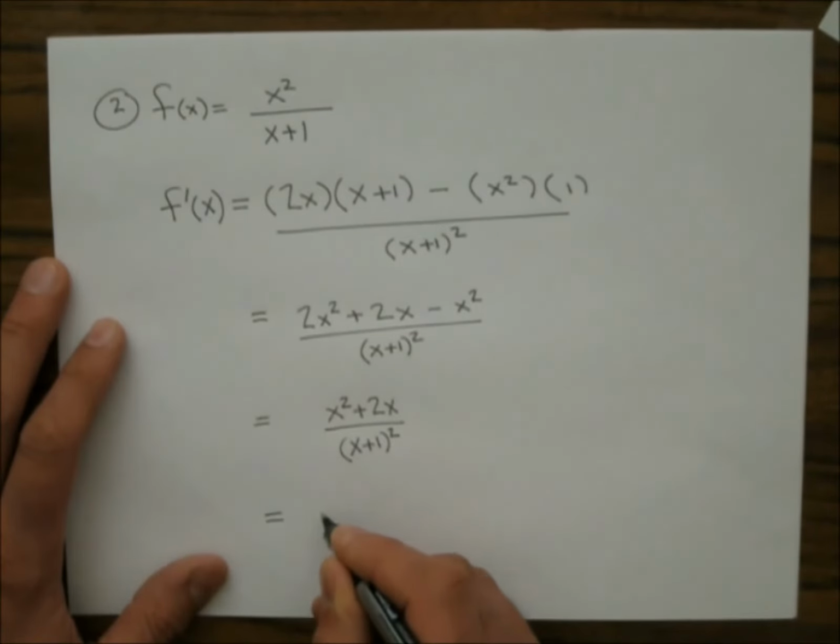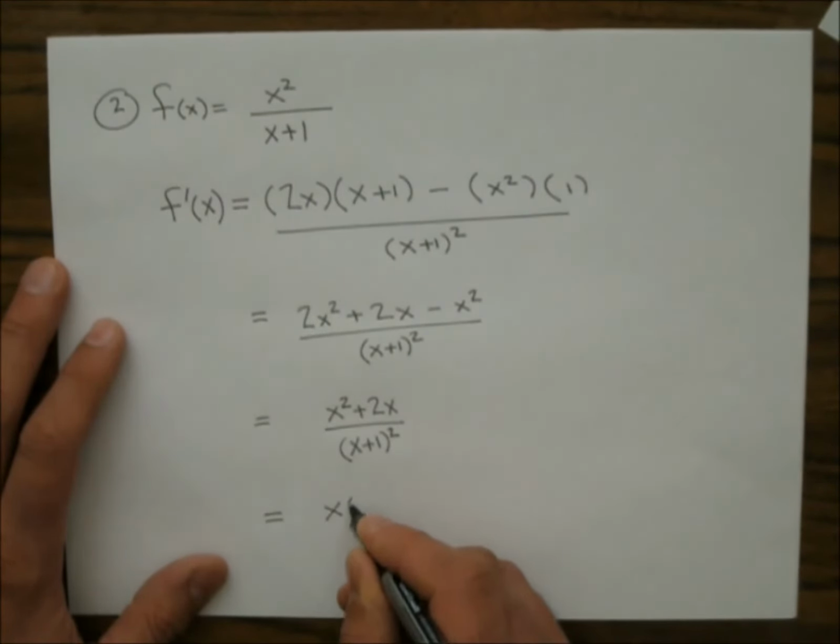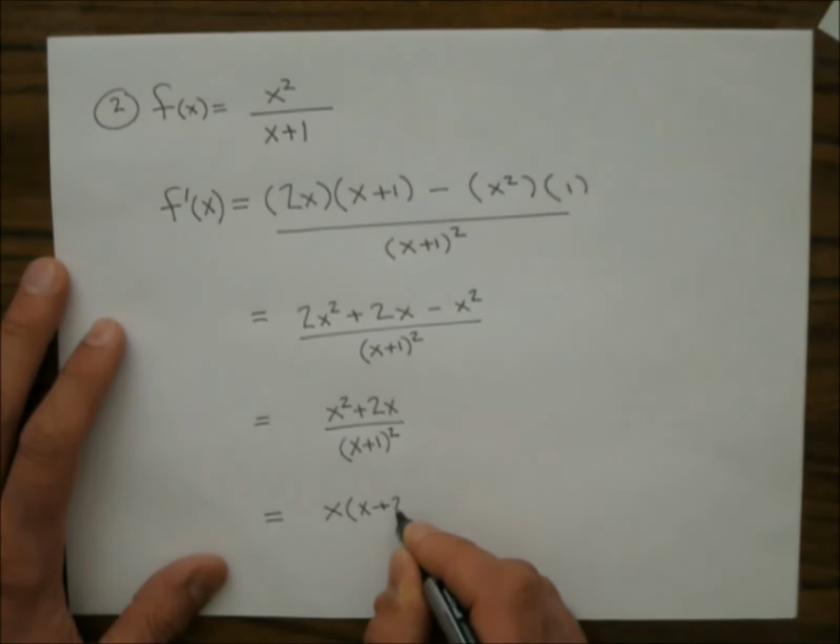And just to make it look good, I'll factor an x out of the top, though that is unnecessary. So I have x times (x plus 2), all over the bottom squared.